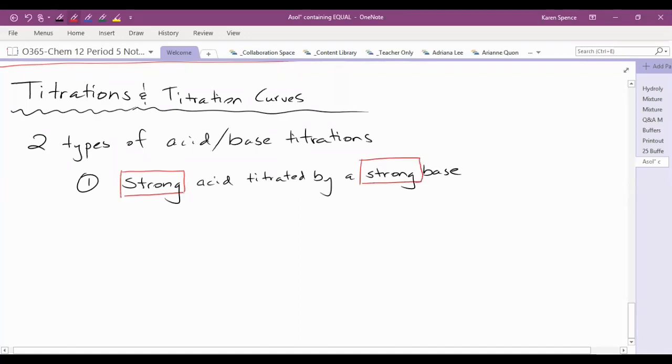And I'm going to put it in the same category. It's sort of a subcategory of this one. You could also have a strong base titrated by a strong acid, okay? But it falls in the same category. It's a strong titration.